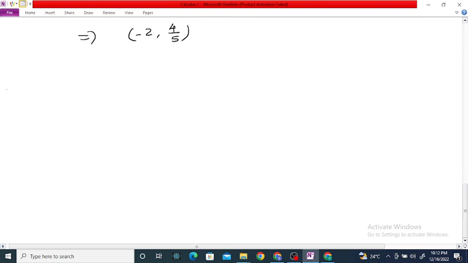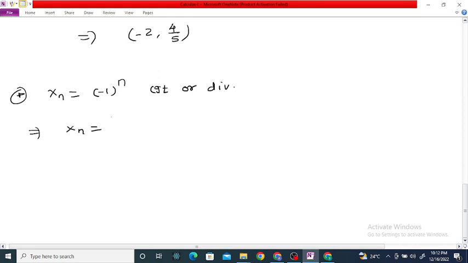The next example, say I want to check whether xn equal to minus 1 raised to n is a convergent or divergent sequence. We know that this sequence has two limits.